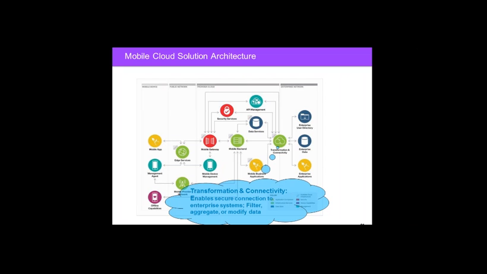And so the ability first to connect to the enterprise, either via gateway technologies that exist in the enterprise or through VPN, the ability to call into back-end systems through integration technology, and the ability to filter, aggregate, or modify data is going to be a core capability when you're surfacing enterprise data into the cloud.